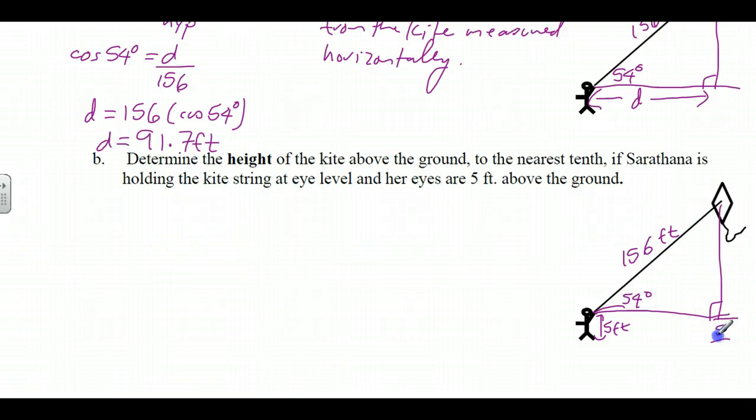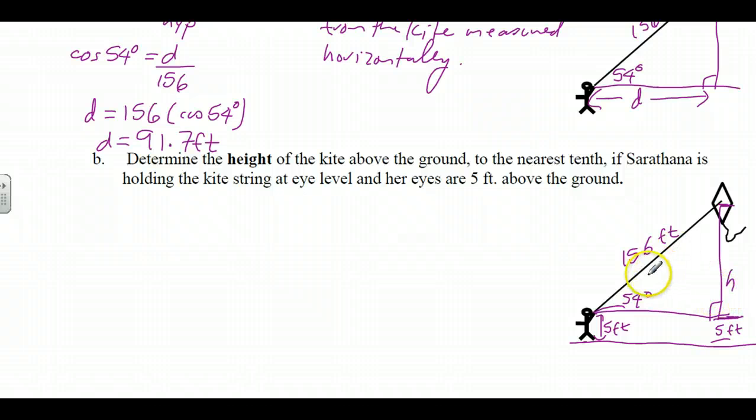And we're going to call this distance here, from the kite to here, h. So when we want the final height, the height to the ground, we're going to have to figure out what h is and then add 5 feet to it.